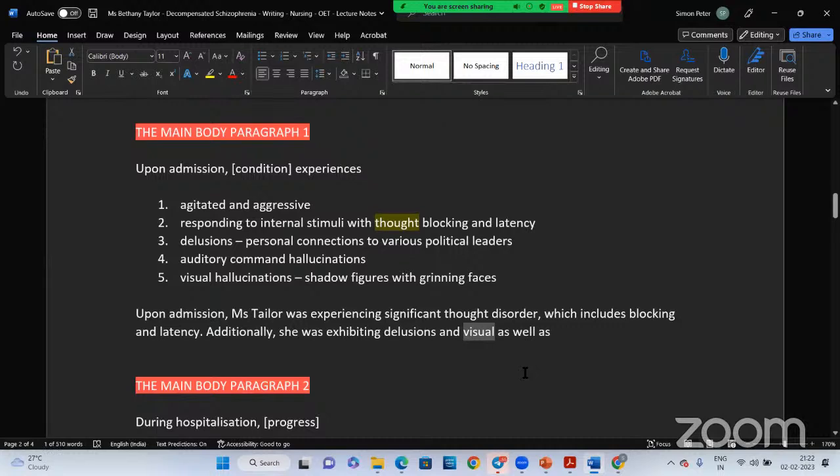Audio and visual: audio will come first. So, auditory as well as visual hallucinations.